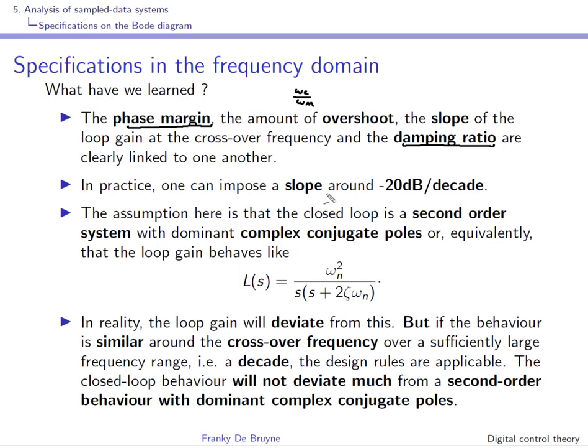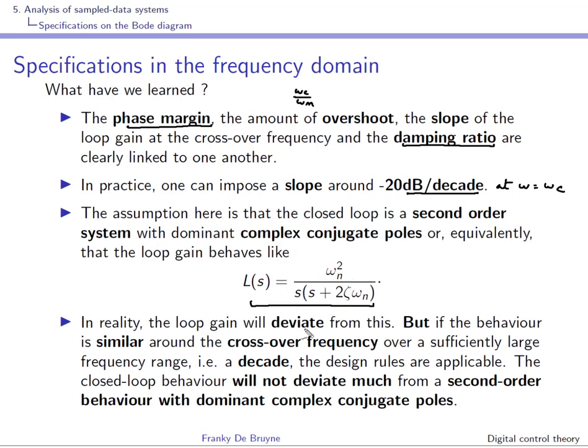In practice, you can impose a slope of around 20 dB at omega equal to omega c, so at the crossover frequency. So the assumption is that the closed loop is a second order system with dominant complex conjugate poles, and equivalently that the loop gain behaves as this transfer function.